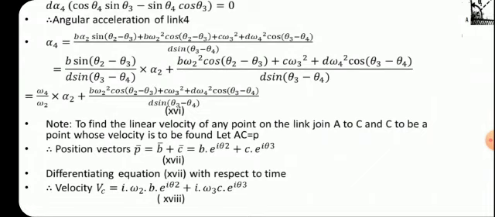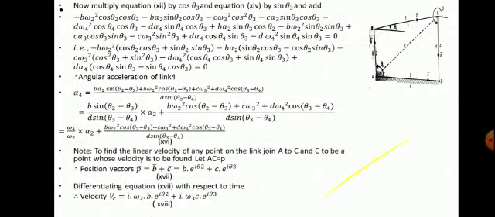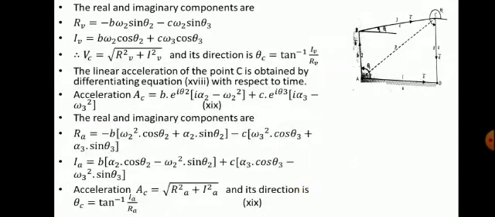Velocity Vc is equal to i omega 2 B e^(i theta 2) plus i omega 3 C e^(i theta 3), the vectors B and C. Now the real and imaginary components are: real part is equal to minus B omega 2 sin theta 2 minus C omega 3 sin theta 3.